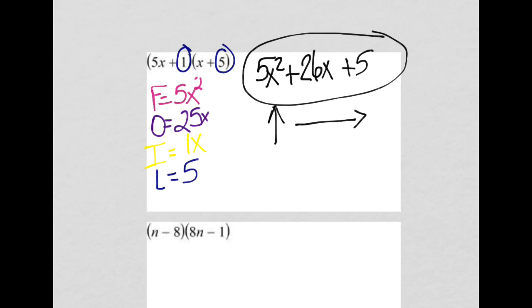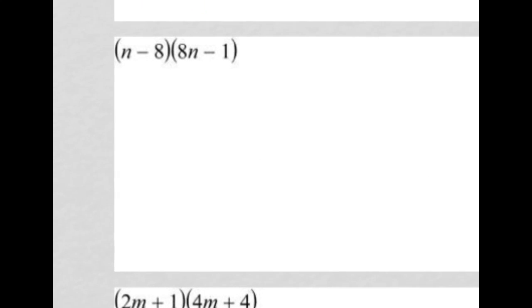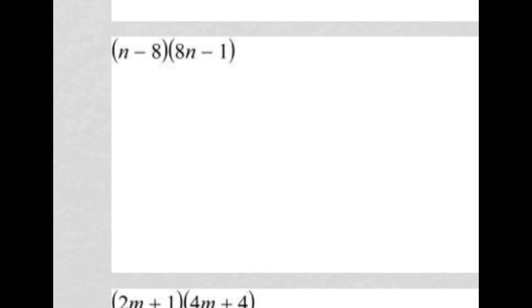Let's try number 2. First term, I take n times 8n to get 8 times that 1 is an 8. N times n is n squared. Outside terms, n times negative 1 is a negative n.